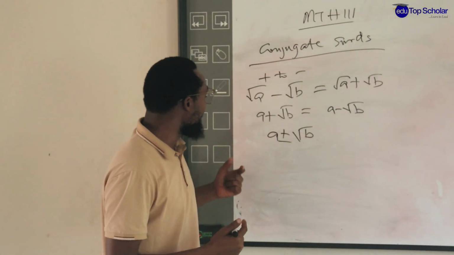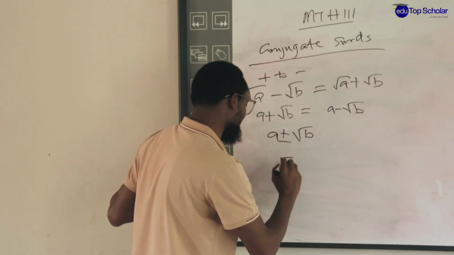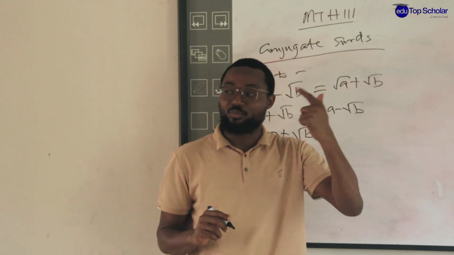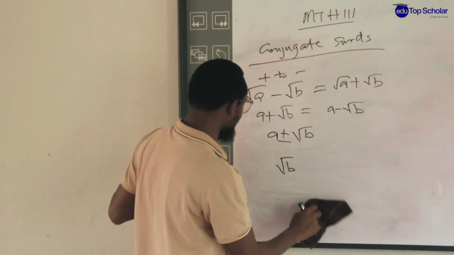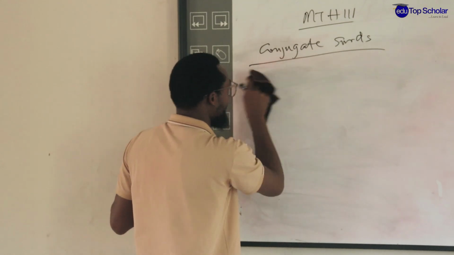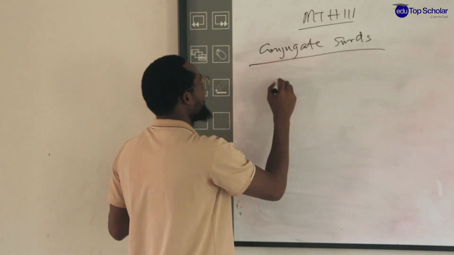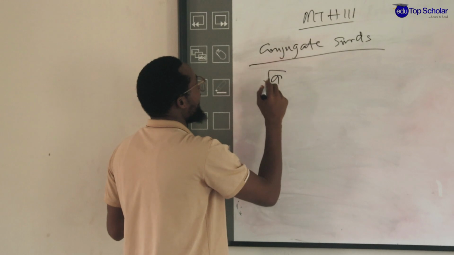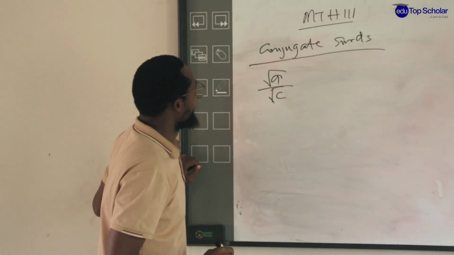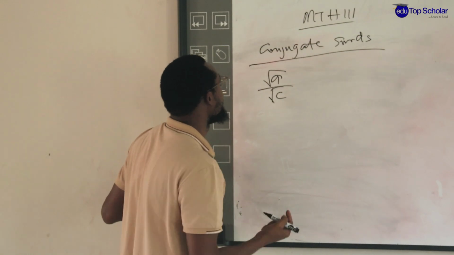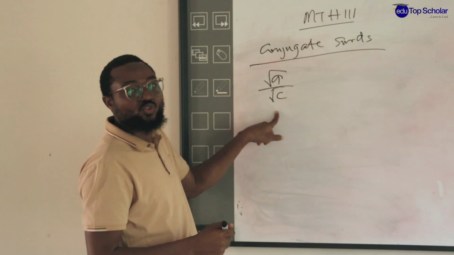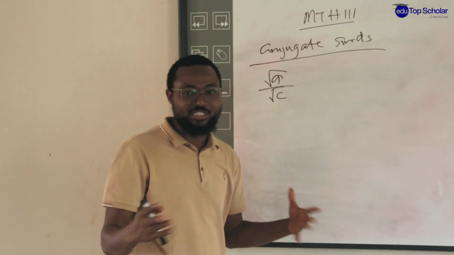But if what we have there is just a singular surd like root B, that implies that we use that to multiply both the numerator and the denominator. Let me demonstrate. If I want to rationalize, for division of surds, root A over root C, I want this surd factor eliminated from the denominator.